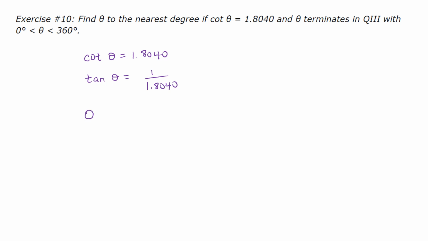So to find the reference angle, we will take the inverse tan of 1 over 1.8040, enter that in our calculator, and we would get to the nearest degree, so that's the nearest whole number, 29 degrees.